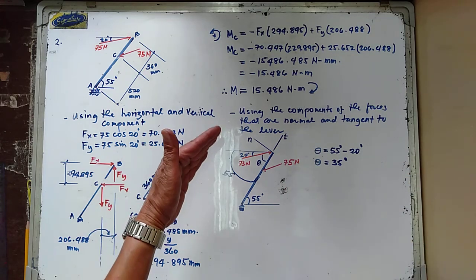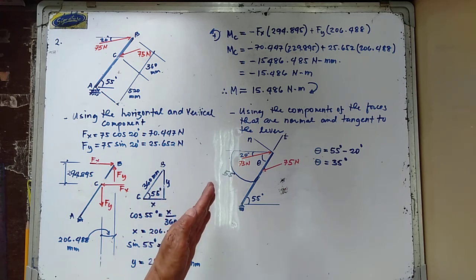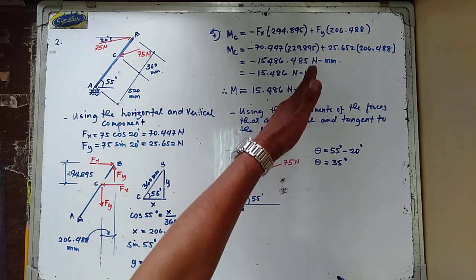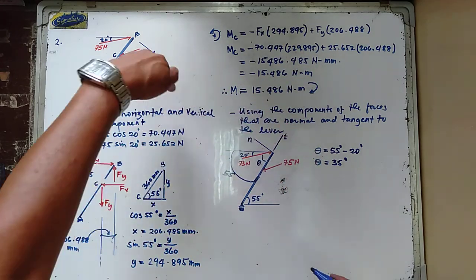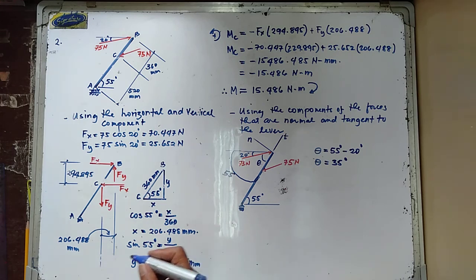So we're now ready to determine the component of the couple in your t direction and in your n direction, which is the normal.